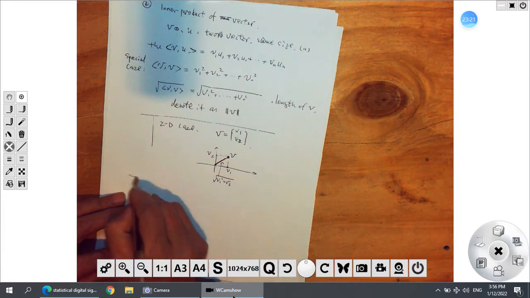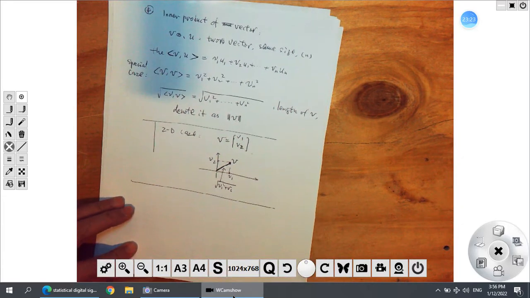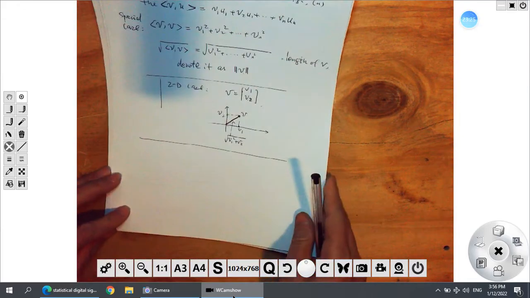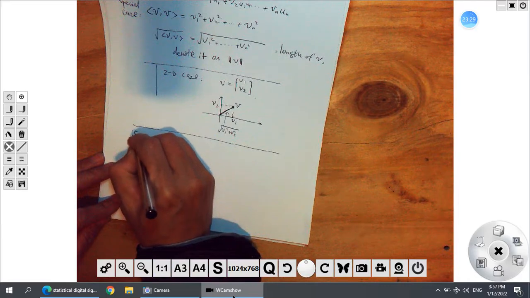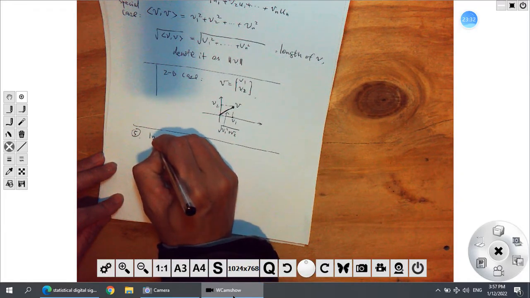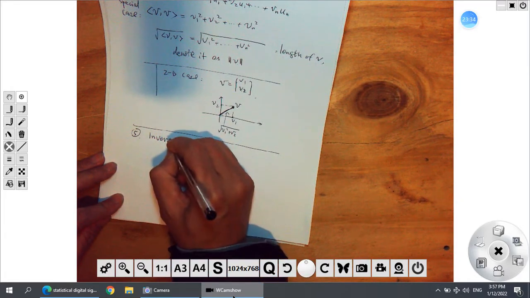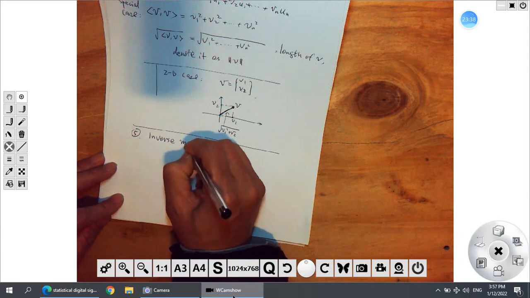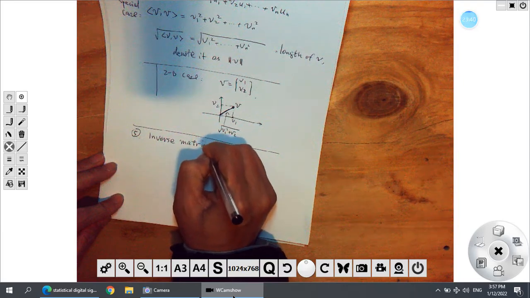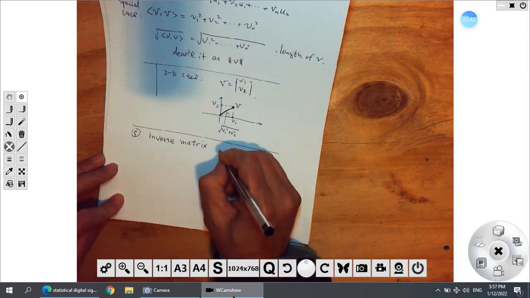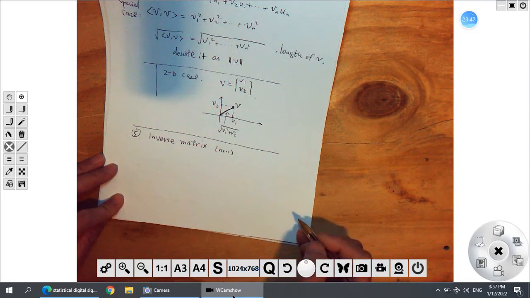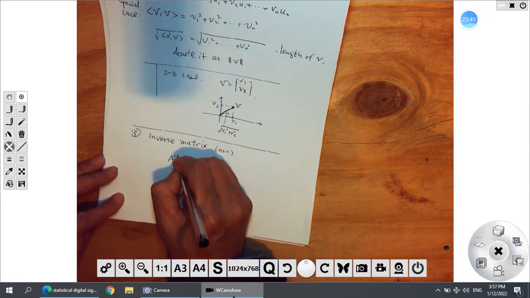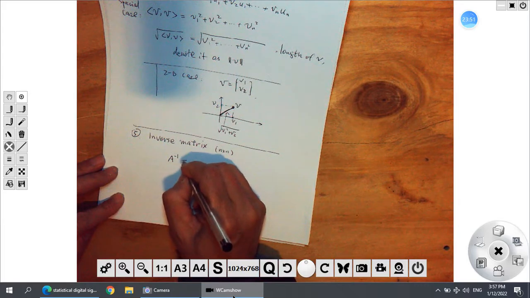Okay. Then for the multiplication, we can have the inverse matrix. This is just for an n by n square matrix. For a square matrix, A inverse equals what?